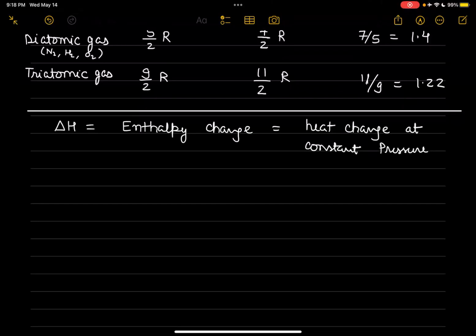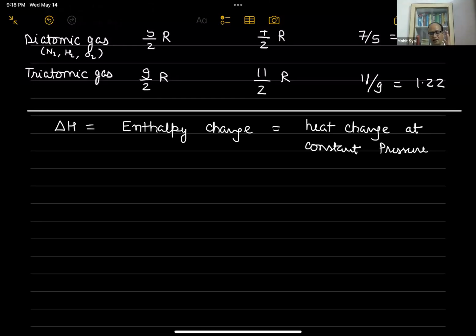The sign convention is exactly the same as that of the sign convention of q.